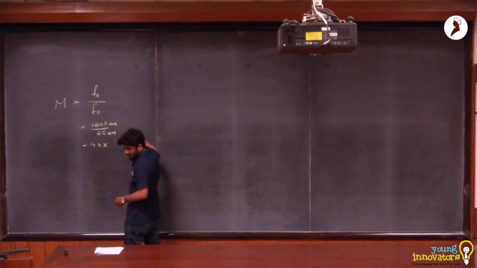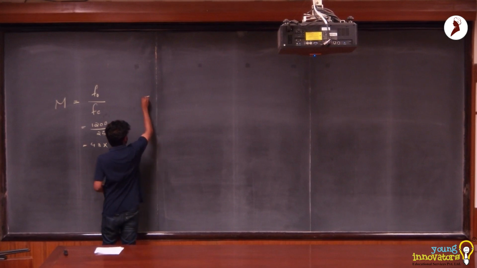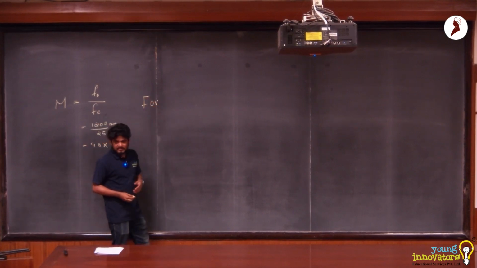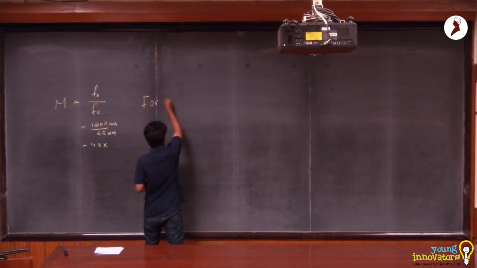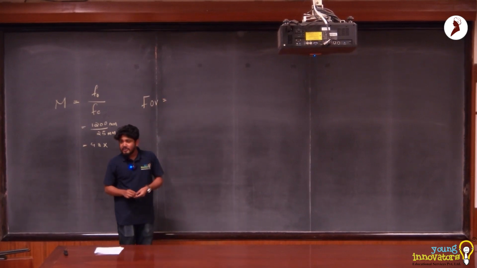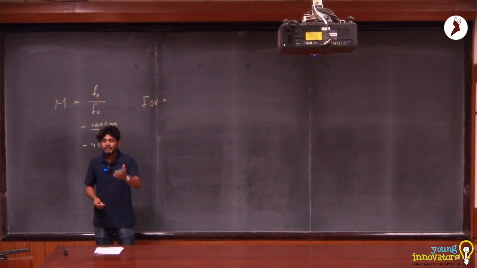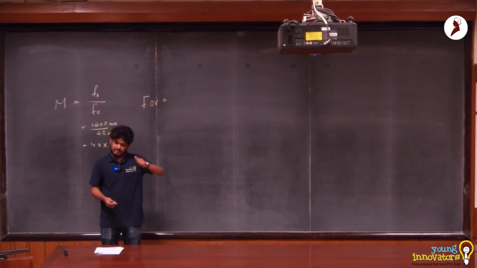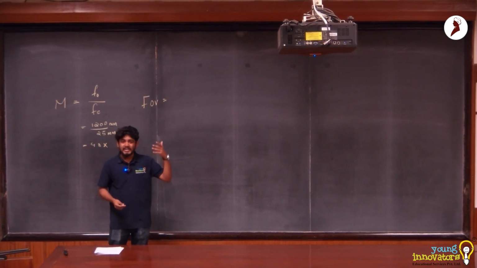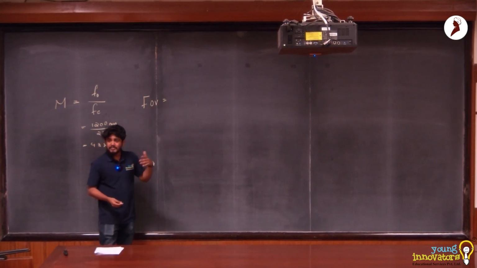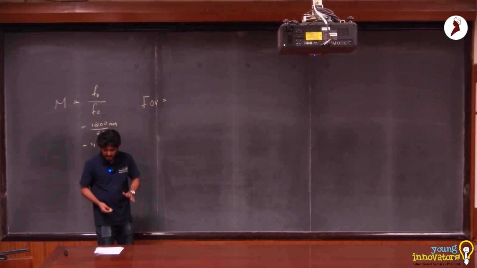Now, for calculating field of view, which we take as FOV, one important thing is the eyepiece itself. Remember once again, as the magnification increases, the field of view reduces. Magnification decreases, the field of view increases. So it all depends on the eyepiece.